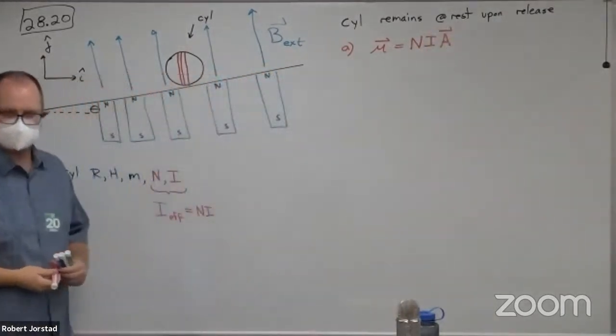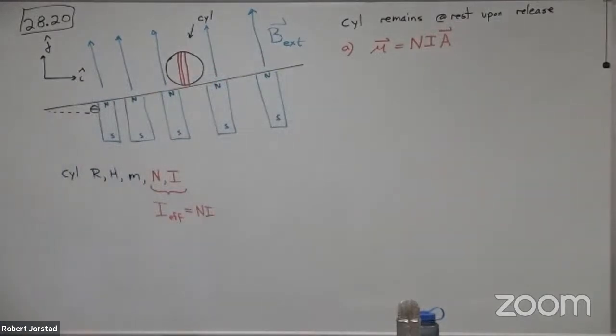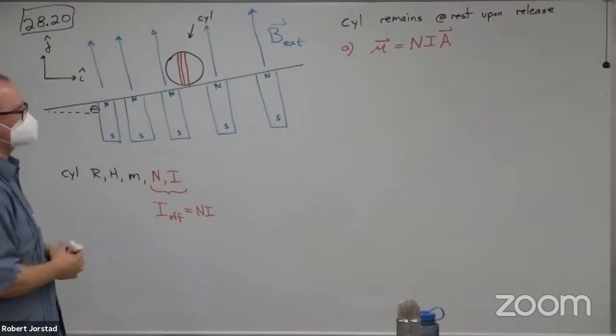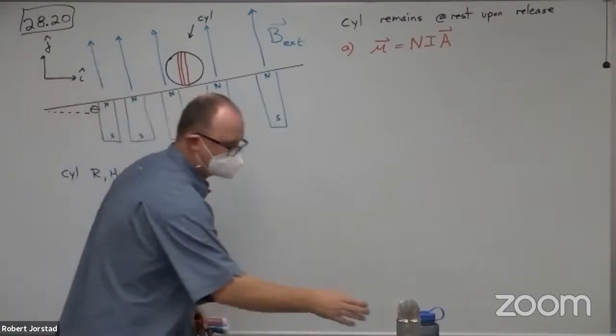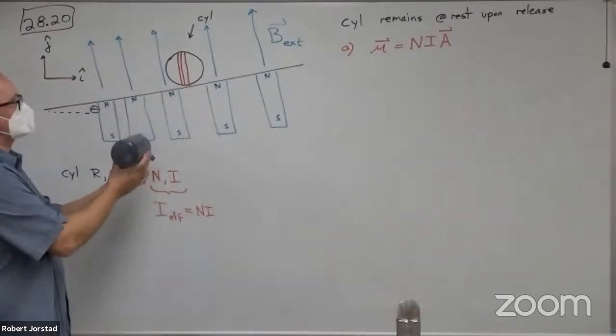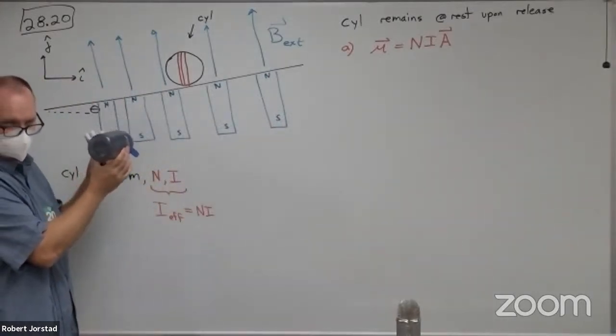Well, N and I are known. All we have to do is figure out the area vector. What's the area? We want the area of the loop. Do you agree?